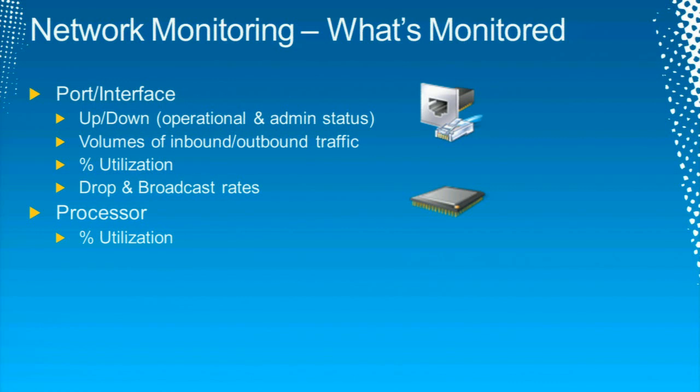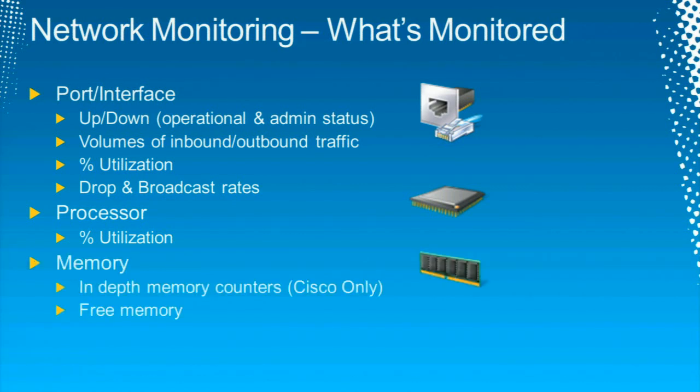So we try to make that more of a seamless experience for you. And the last thing is, of course, memory. And when I say in-depth, we actually do memory fragmentation, and we also will do the buffer for Cisco-only devices. And past that, we'll just do free memory on the other devices that are available.